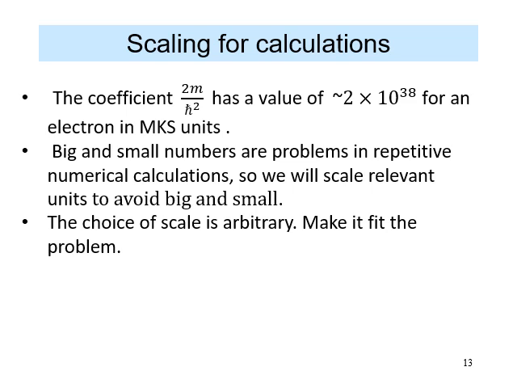So I'll just mention here that the coefficient 2m over h bar squared, which appeared in the Schrödinger equation, is pretty big in MKS units, right? 2 times 10 to the 38th for an electron in MKS units. And if I've got some problem where I'm going to exponentiate 2m over h bar squared or the charge on the electron, then I might get an overflow or an underflow in my calculation.